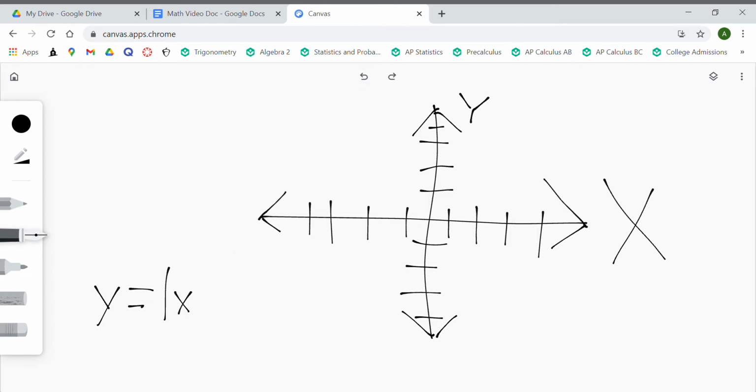All right. How about we try this? y equals absolute value of x plus 2. Okay, so notice that this is a horizontal translation now. Now, it is an addition sign, but that does not mean we go to the right one.